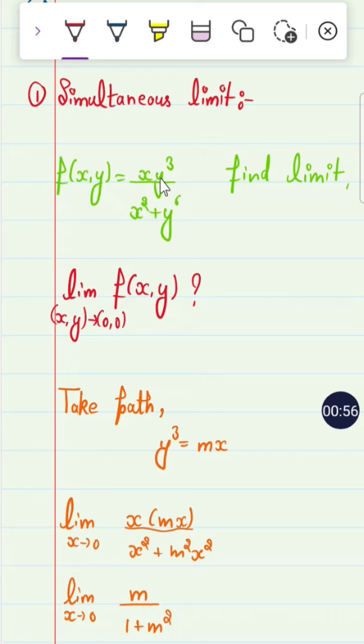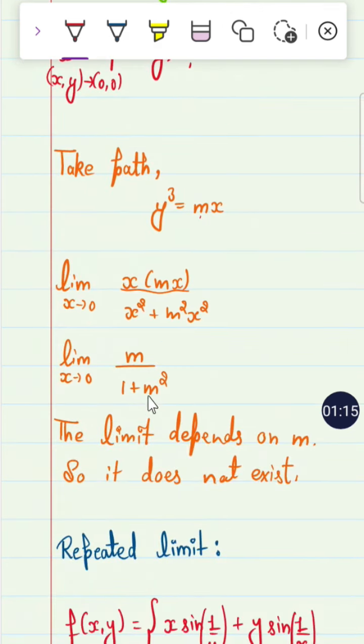Let us say we have y cube, and it is also y cube whole square, so we take y cube equals mx, a straight line type path, but it is not a straight line. So this will become mx square upon x square plus m square x square. So x square is cancelled out, which will become m upon 1 plus m square. So the limit depends only on m, so it does not exist.